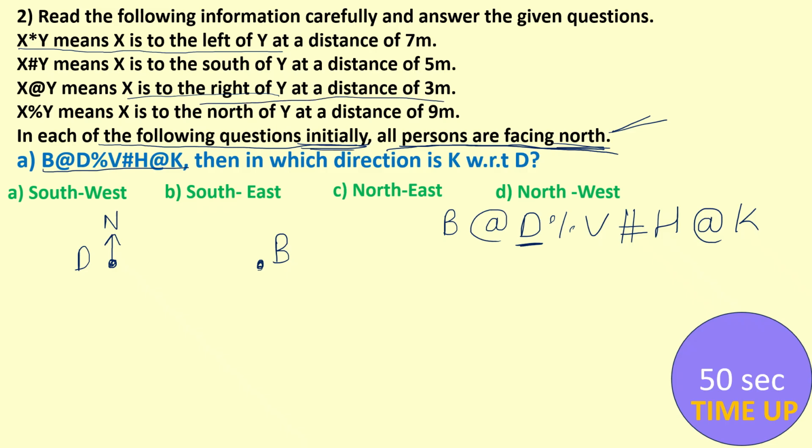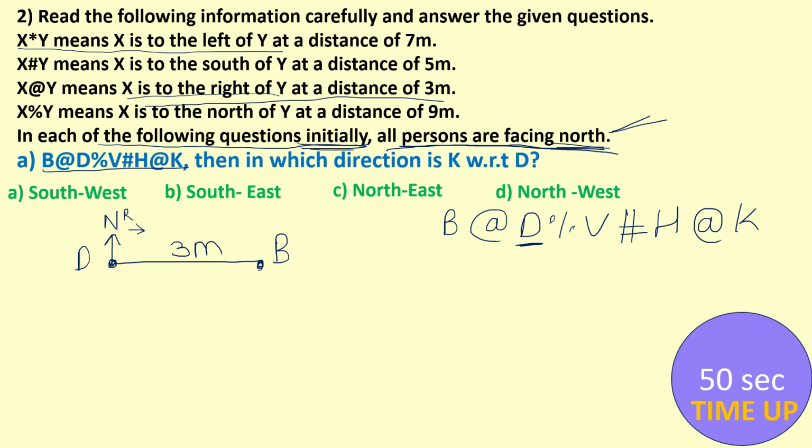In order to satisfy this condition, D should be facing north, then only B will be to the right of D. This will be the right side, and this is 3 meter. Understanding?